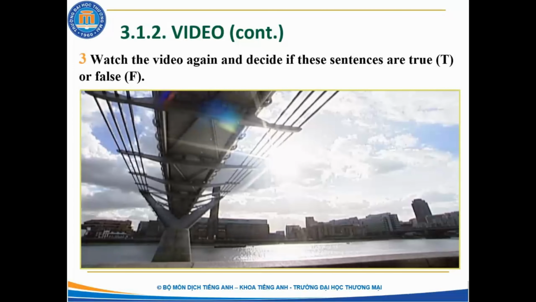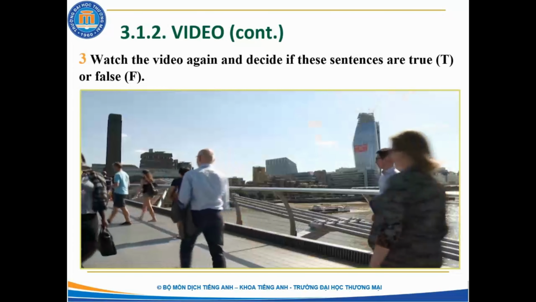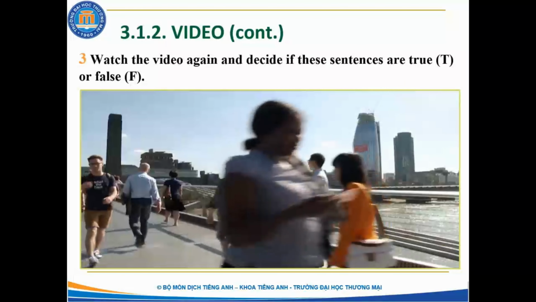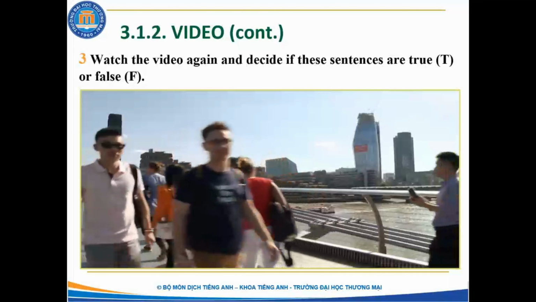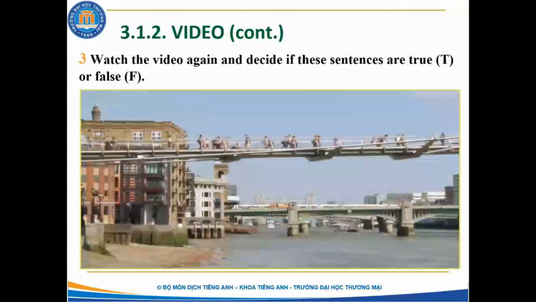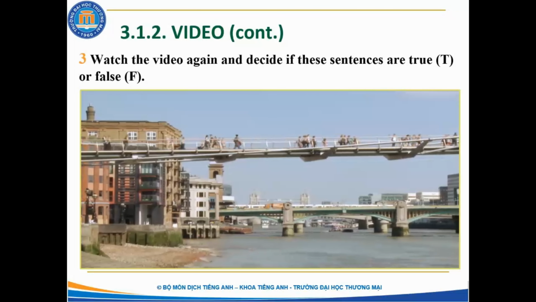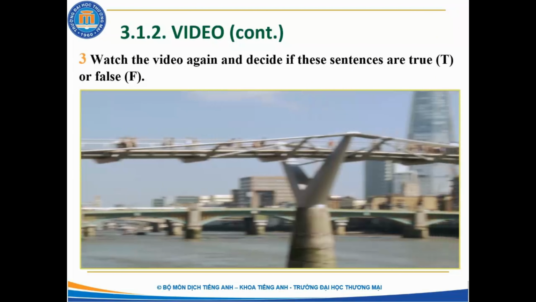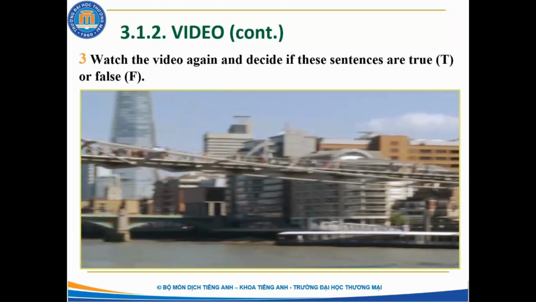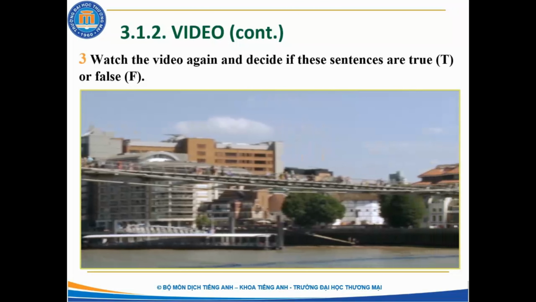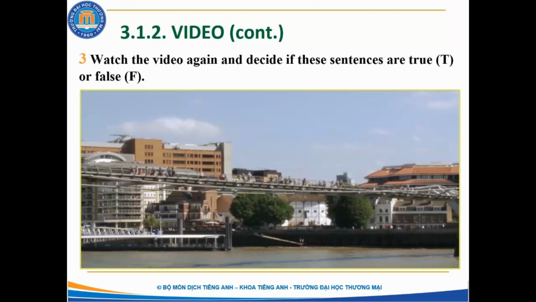Two years after the initial problems, the bridge finally reopened, and it remains a popular London attraction. It has not suffered from any further severe movement. Despite that, it is still known in popular culture as the Wobbly Bridge.